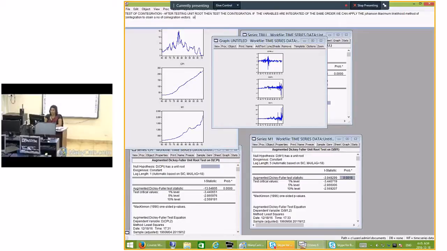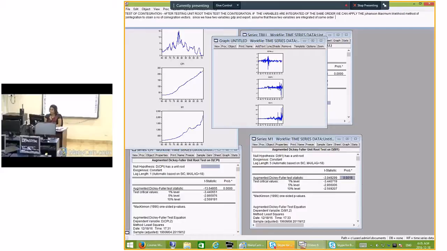Since in our example we have two variables, for example, variables GDP and export, assume that these two variables are integrated of the same order.